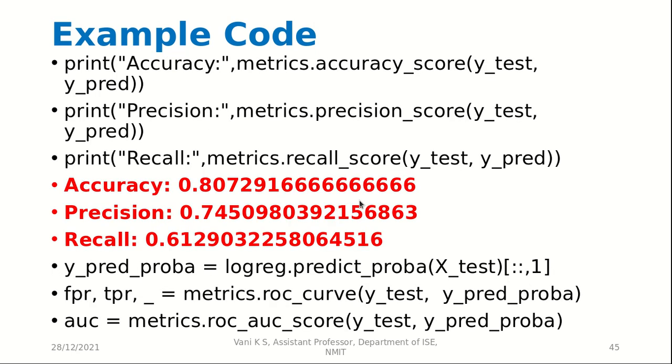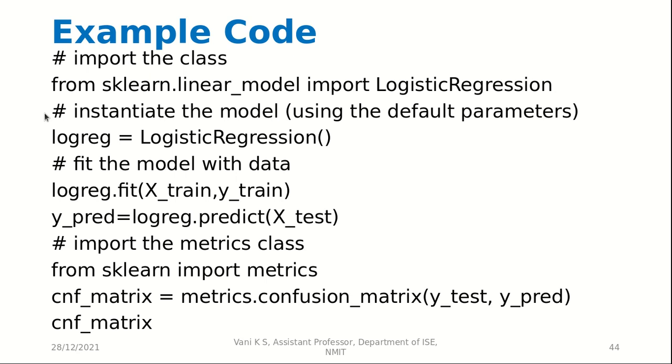It is just like how we did linear regression. We just have to import the function from the linear model library of sklearn. We have imported the function, we have initialized it, now we have to fit the data, and then we need to predict the test data.